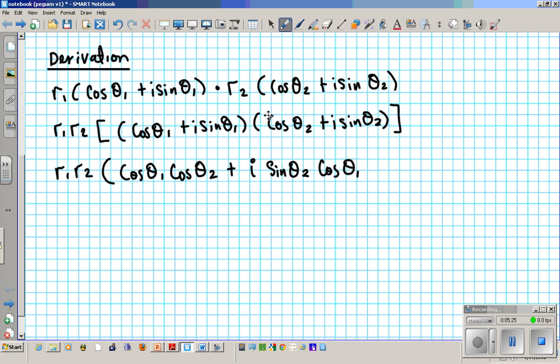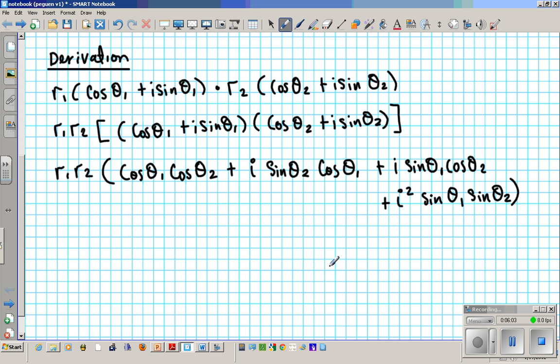And then we do the inner, which is going to be plus i sine theta 1 cosine theta 2. And then the last is going to be plus i times i, which is i squared, sine theta 1 sine theta 2.